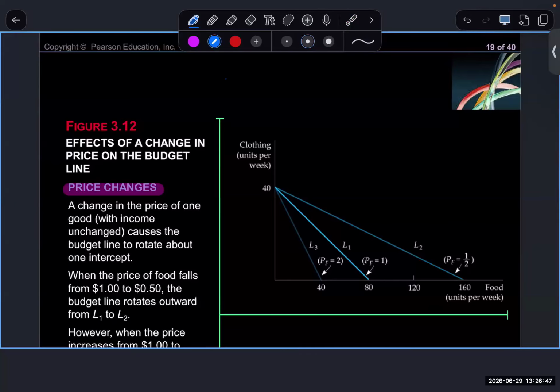So if the price of food falls, okay, decreases, that means with your income, you can buy more food, right? Because the price of food decreases, that means you can buy more food.